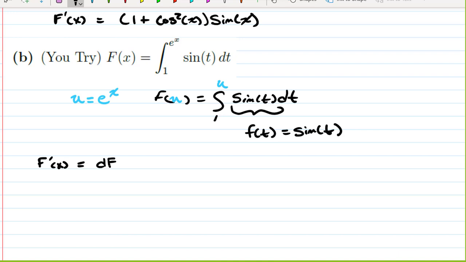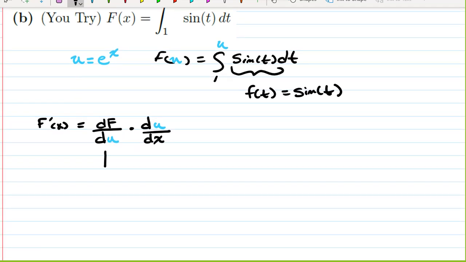So then to take our derivative, f prime of x, by the chain rule, we're going to have df du times du dx. So then by the FTC part 1, this is going to be f evaluated at u, so that's FTC 1, times du dx, which is just e to the x.